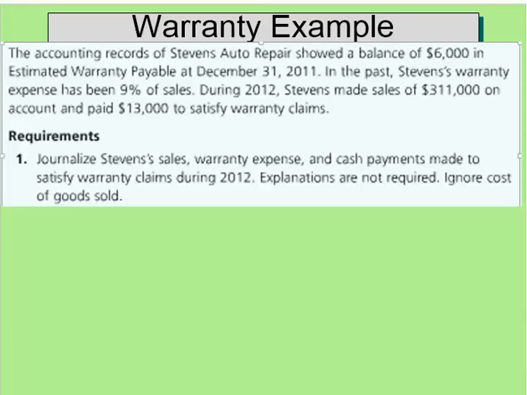First thing we need to do is go ahead and record the sale when they actually made those particular sales. So this is going to be during 2012. We would debit our accounts receivable or cash if they paid us in cash. And we will credit our sales for $311,000.